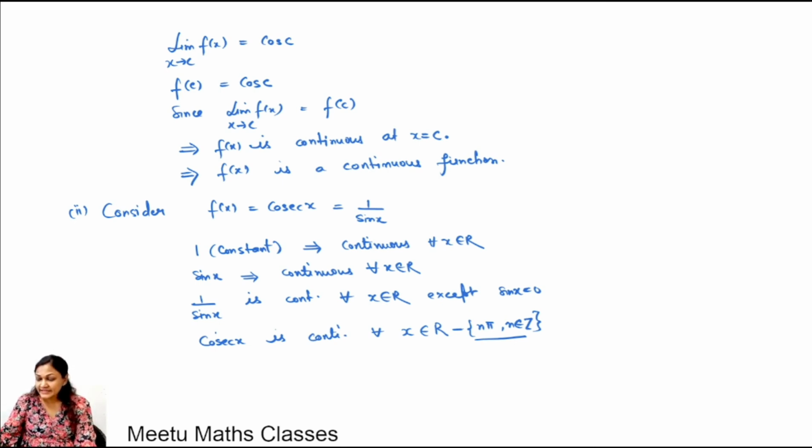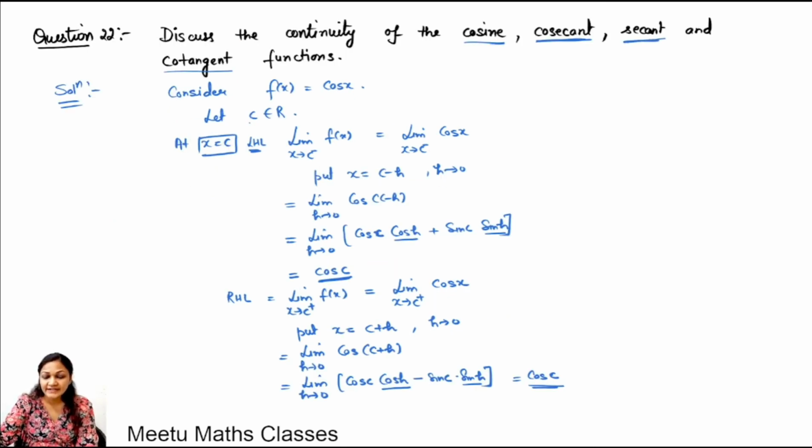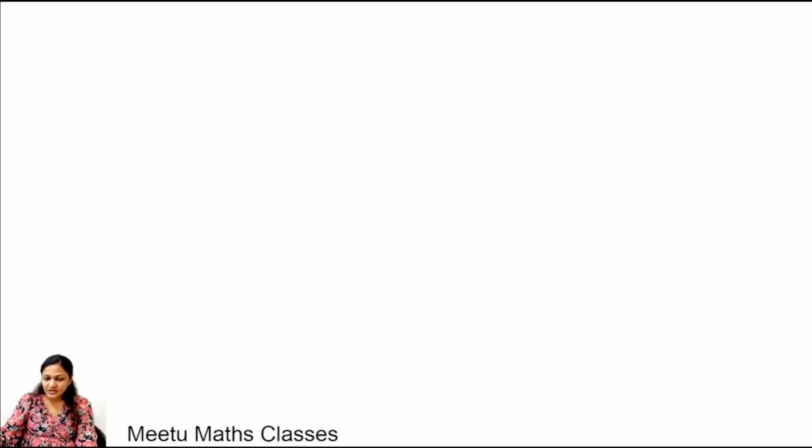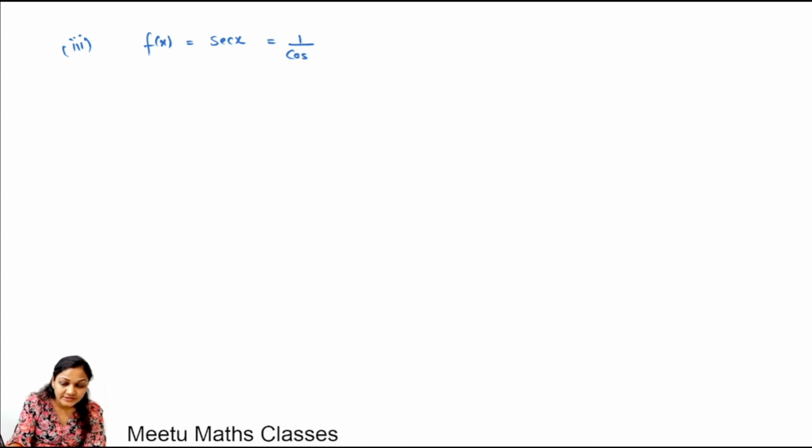Now consider the secant function. If you consider f(x) equals sec x, that can be written as 1 upon cos x, and again 1 being a constant function is continuous everywhere, and cos x is also continuous everywhere.